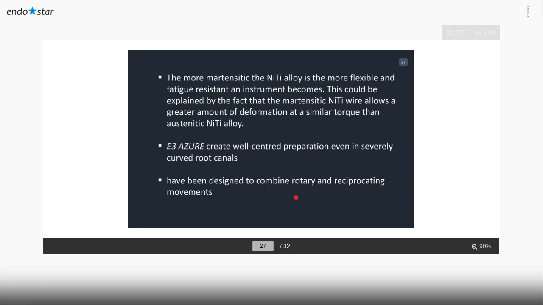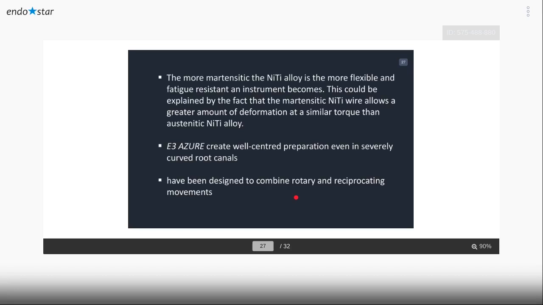And if you ask why, it's because it can take all the forces that are distributed on the wire. But the main point, whether it's rotation or reciprocation, you have to take care 100% to observe the file in every stroke.